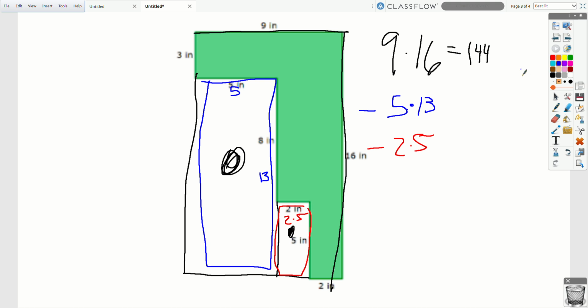And then we're going to subtract out 5 times 13, which is 65. So we're going to take this 144, subtract 65, and then subtract 10, which gives us a final total of 69 square inches, which is what we got on the last notes with the same problem.